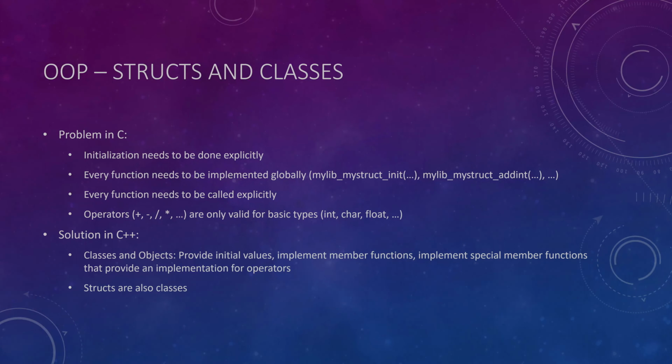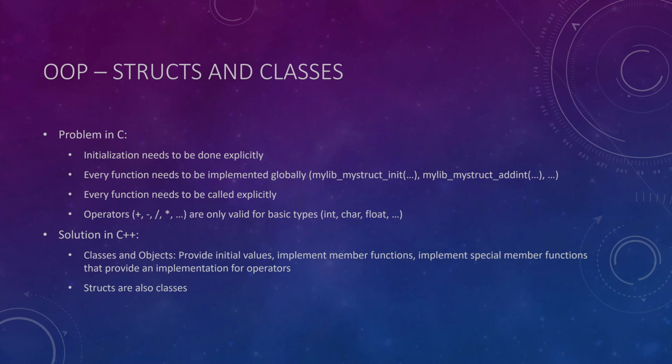So you have data associated with functions that you can call, basically advanced structs, as I like to call them. And here comes the pun. In C++, structs are also classes, but that's something that we're going to talk about more in depth in future videos. So in general, with classes and objects, you can provide initial values, implement member functions.